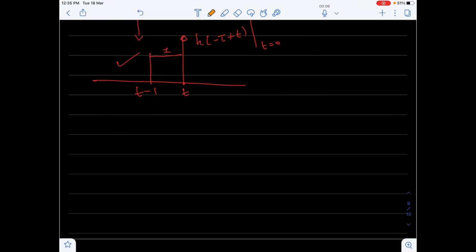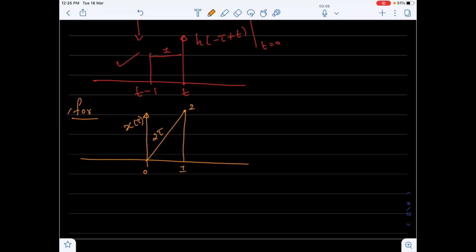So here I will just draw x of tau, which has amplitude 2. Now we are going to find the output, and I will put t less than 0.